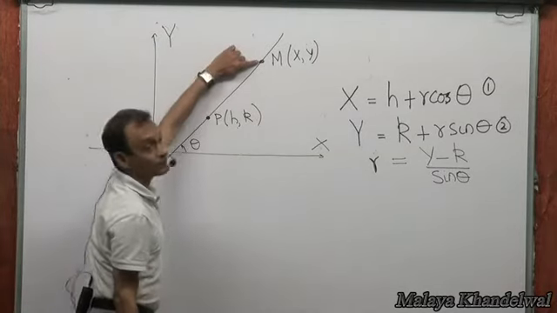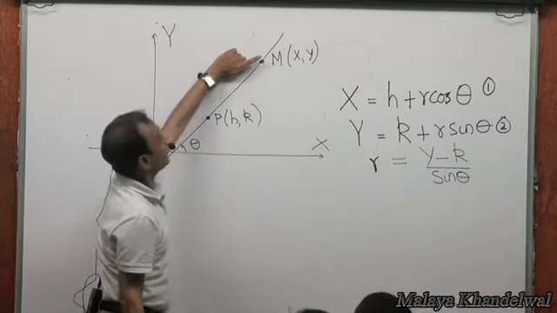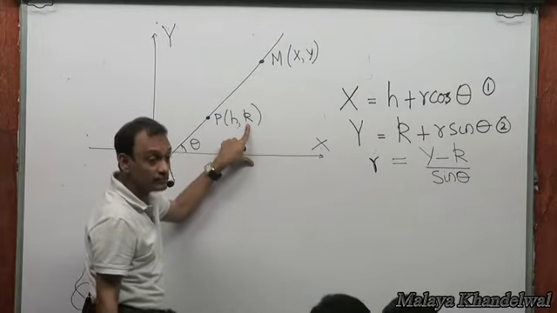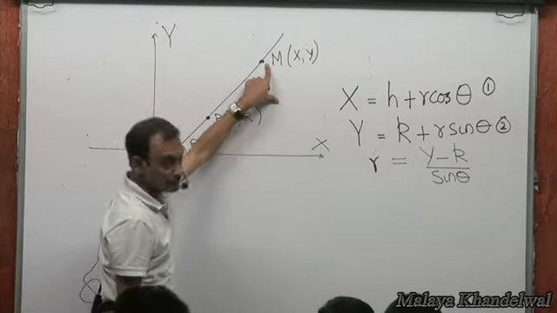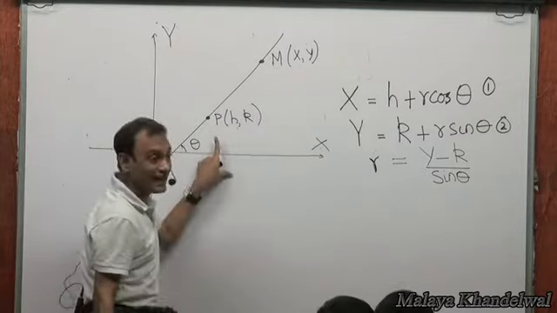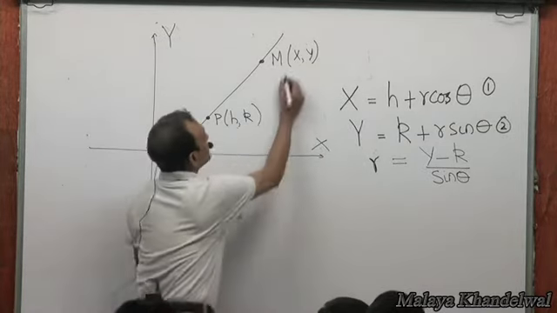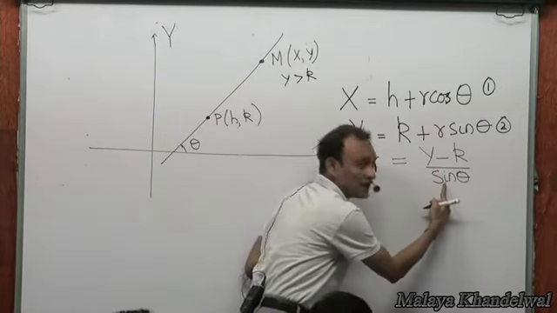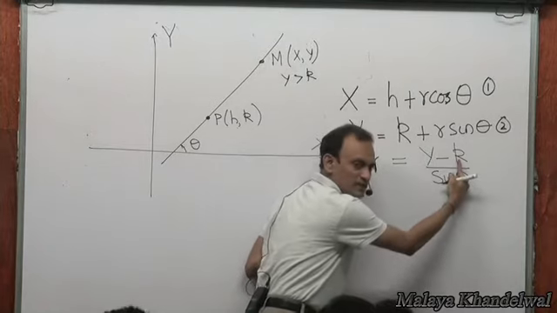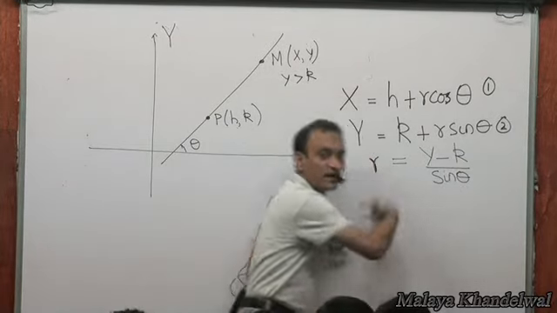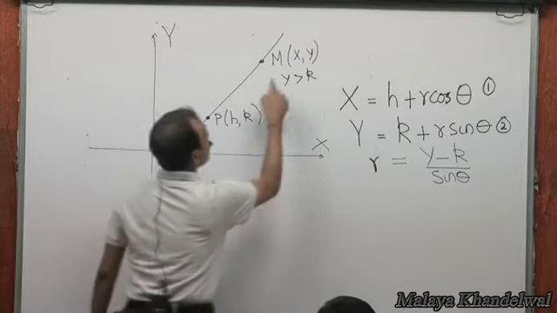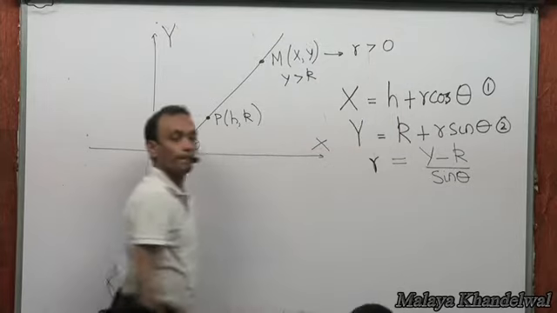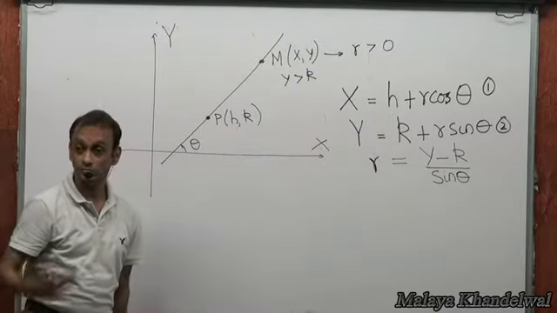With this point M, I could associate an R, and for this point M, realize that the Y of this point is greater than K. So for this point M, Y is greater than K, and therefore R would be positive, because Y minus K is positive and sine theta is positive. So for this point, the parameter R is going to be positive. Yes or no? Clear?